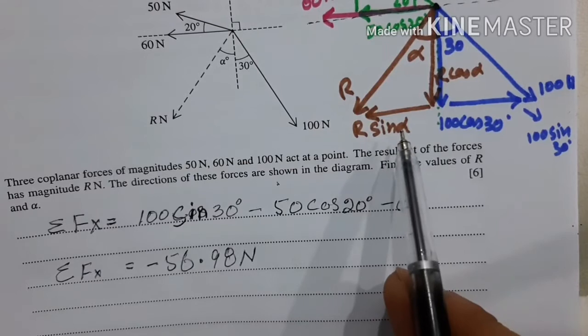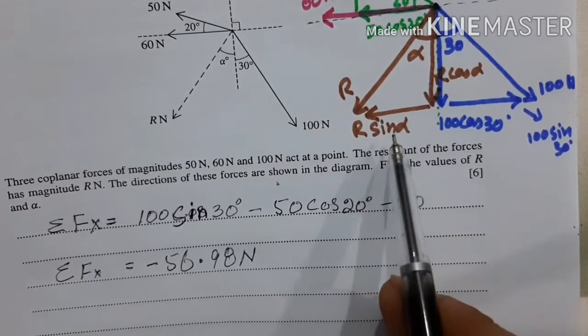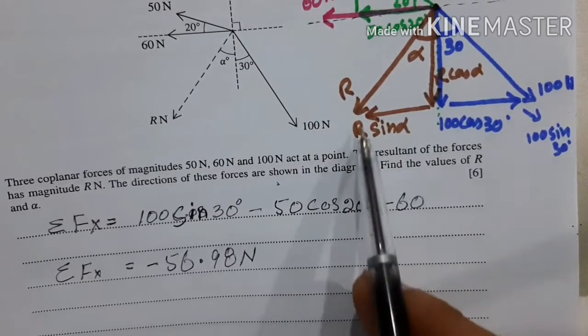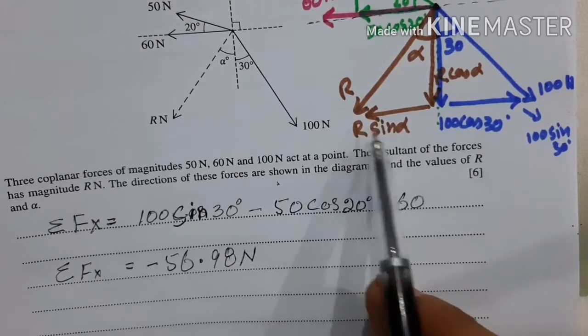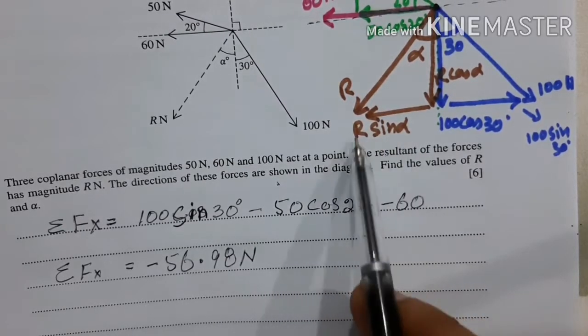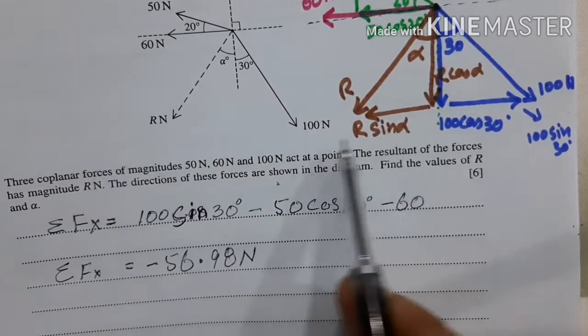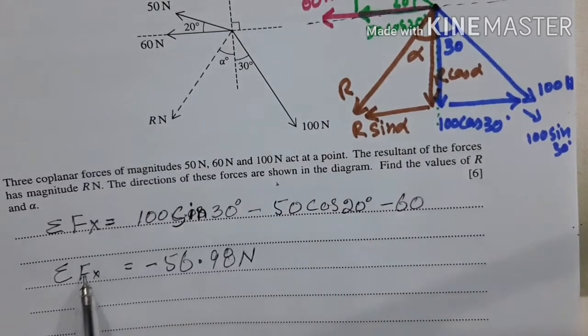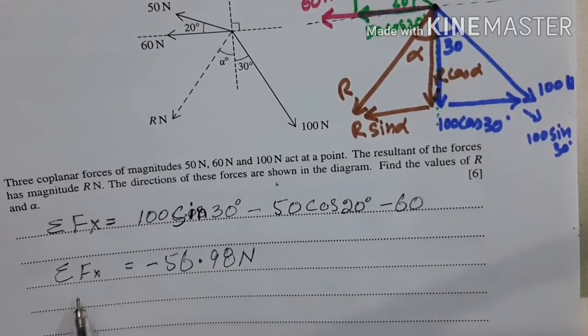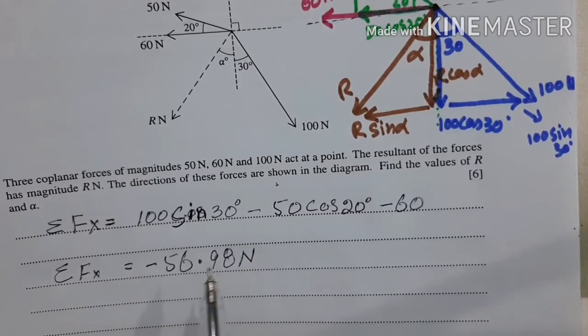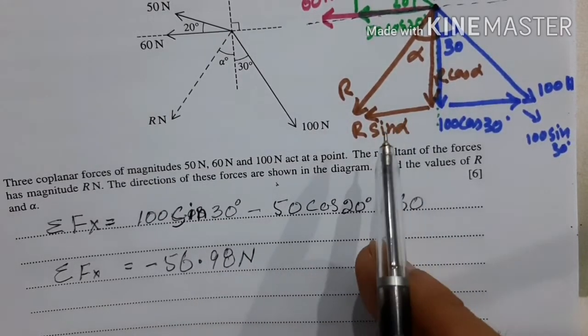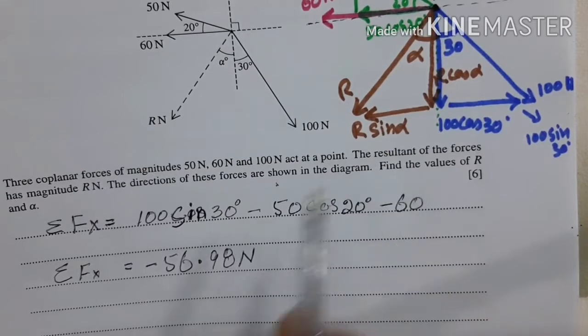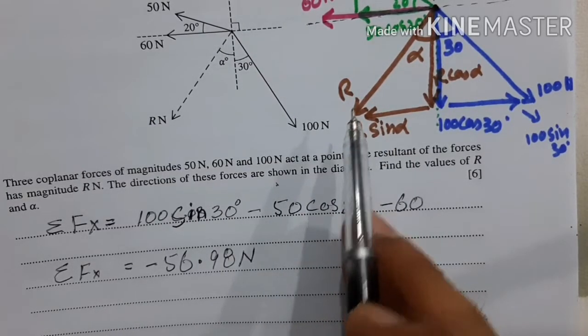Okay, the resultant force's horizontal component is along the horizontal, so that's why sigma Fx, the sum of all the forces, should be equal to the resultant horizontal component, because R is the resultant force.